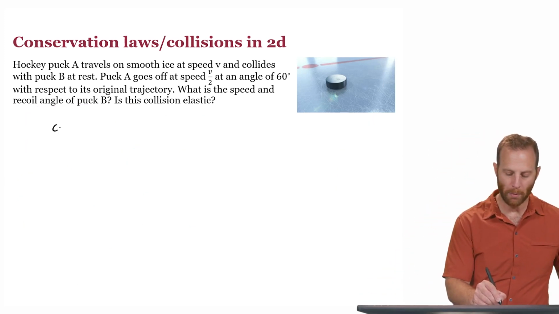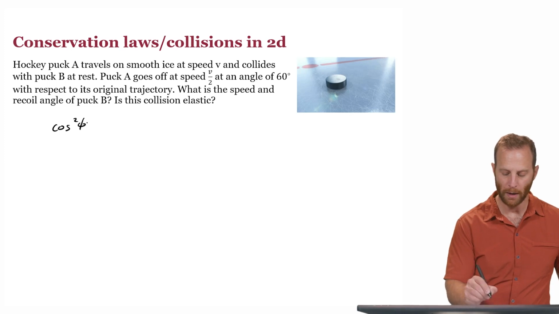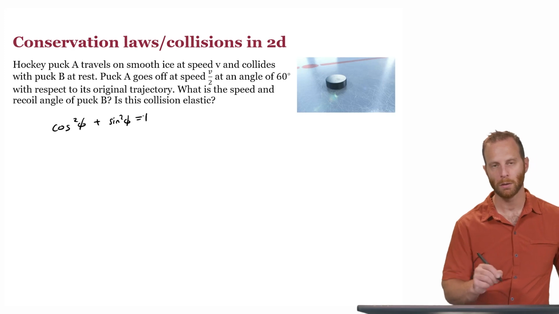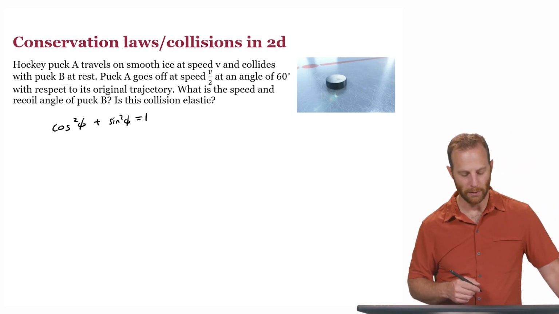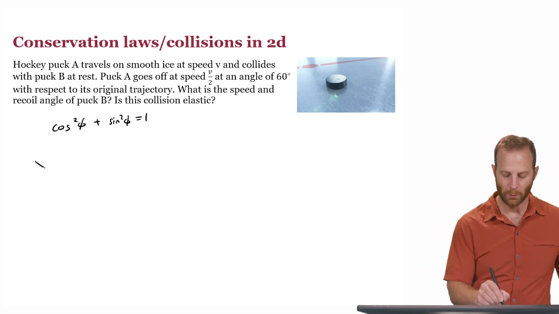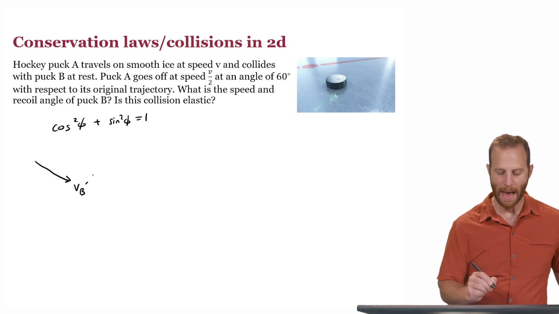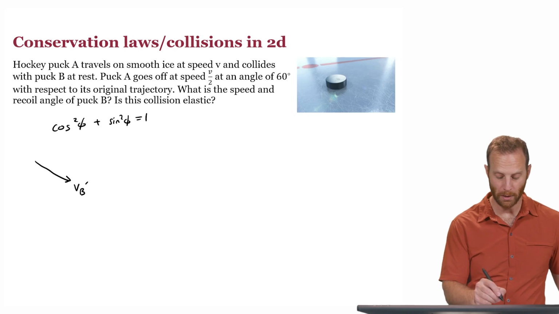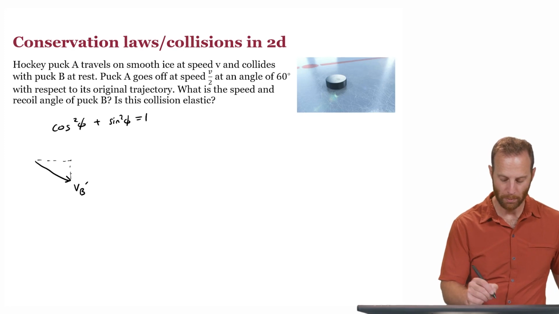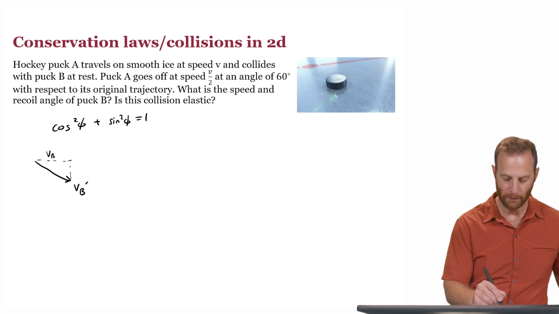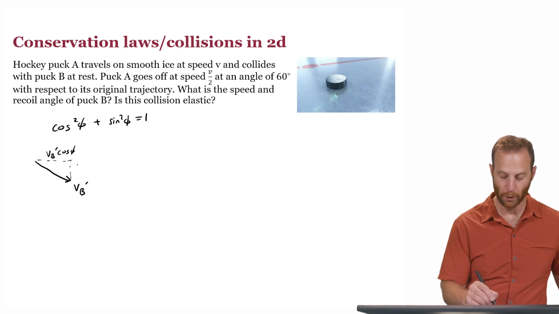You may or may not remember that the cosine squared of phi plus the sine squared of phi is equal to 1. That's a useful trick in this situation because what we're trying to do is figure out the magnitude of this vector vb, which has components vb prime cosine phi and a vertical component with magnitude vb prime sine of phi.